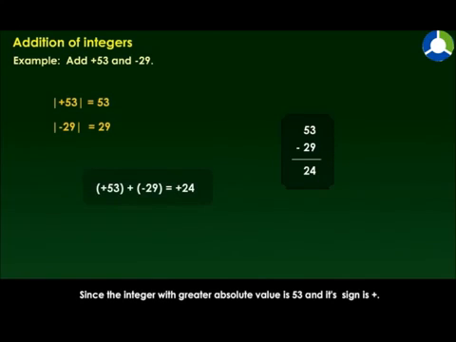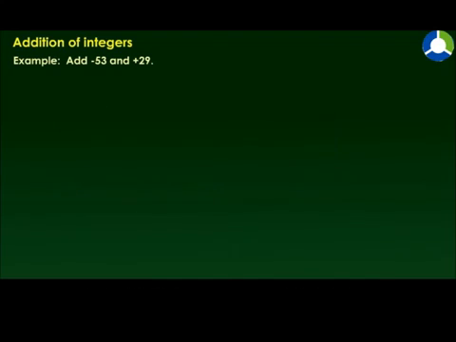Since the integer with greater absolute value is 53 and its sign is positive, positive 53 plus negative 29 equals positive 24. Add negative 53 and positive 29.